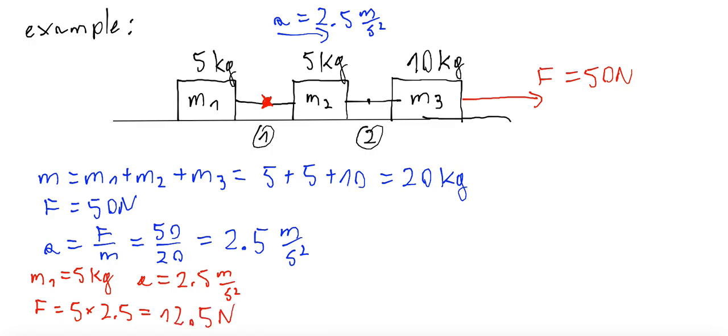What does it mean? It means that tension of first string is, let's name it Ft1, 12.5 newtons. Okay, it was of course easy. What about the second part of the exercise? What about tension of the second string? I'm going to write it here.